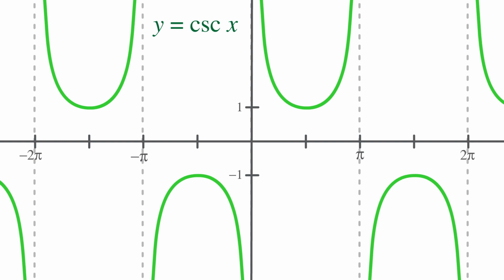Notice that the vertical asymptotes shift as well. Here the asymptotes are located at 0, pi, 2 pi, etc. For secant, the asymptotes were at pi over 2, 3 pi over 2, 5 pi over 2, and so on.